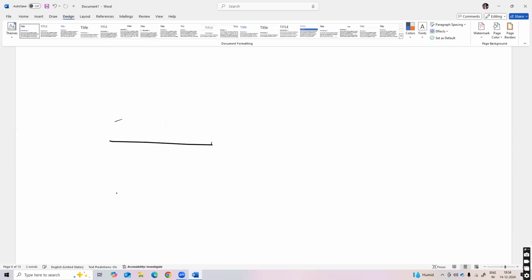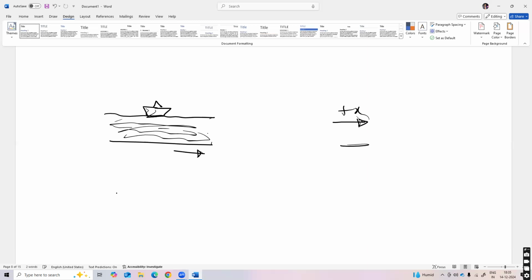So again, this is the river flowing, and there is one boat here. If the river is flowing in this direction, let's say this is positive x direction, this is negative x direction.